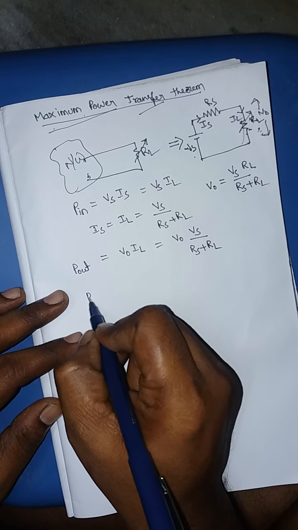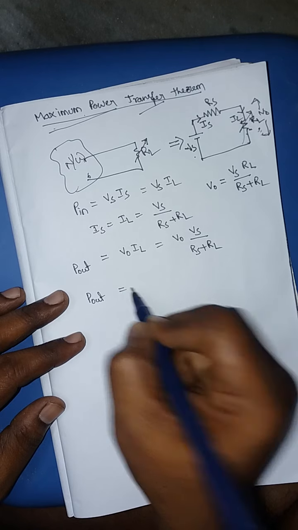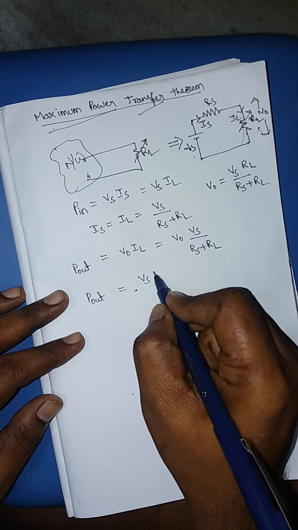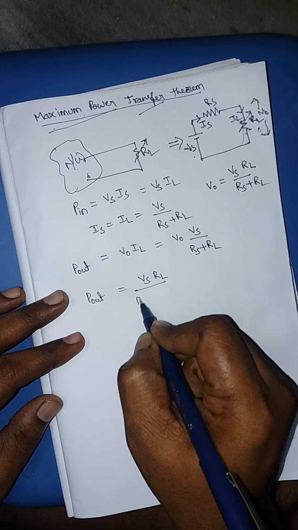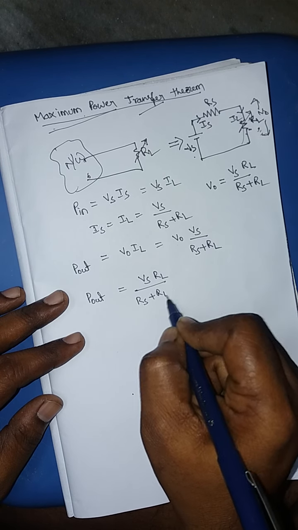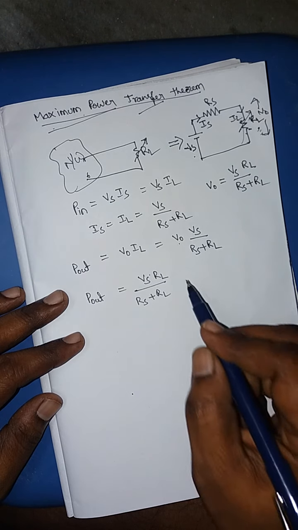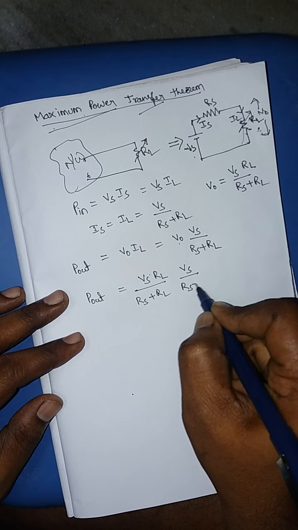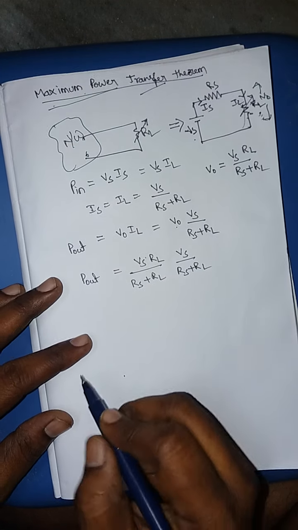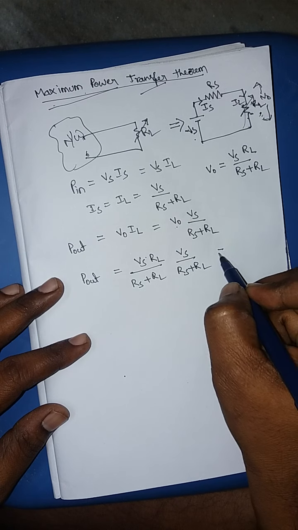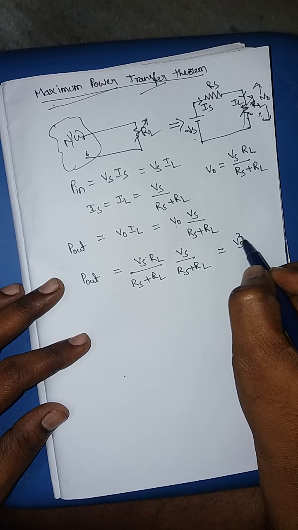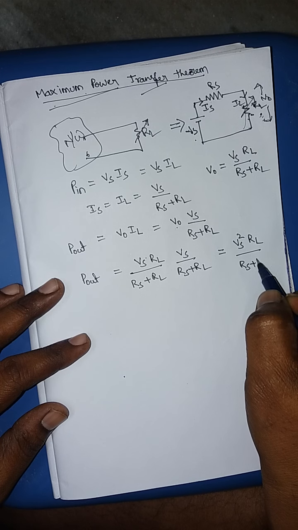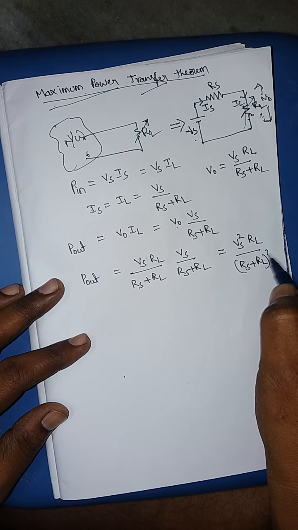So what is the output power? P out is equal to Vs into RL by Rs plus RL, this value indicates V0, multiplied by Vs by Rs plus RL as usual. Now you can rewrite this equation as Vs square into RL by Rs plus RL whole square.